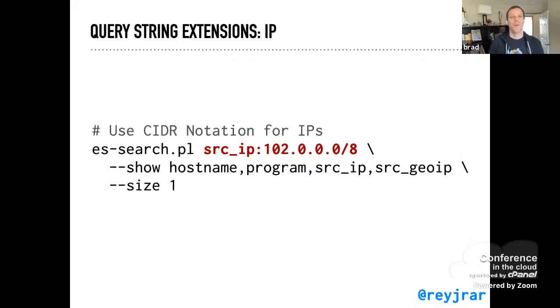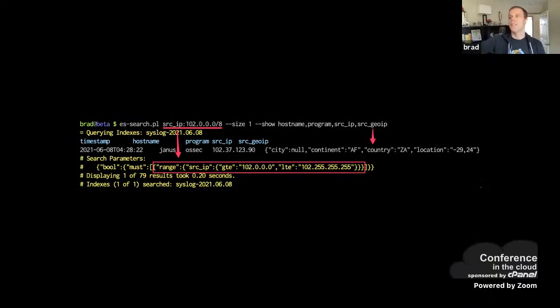Security and operations people work a lot with IP addresses, and we like to group those IP addresses using CIDR notation. That's not something that's natively supported by Elasticsearch. You need to use a range query. So if esearch.pl determines that there is a token that looks like CIDR notation in your query, it will expand that to a range query. Here you can see that I specified CIDR notation.